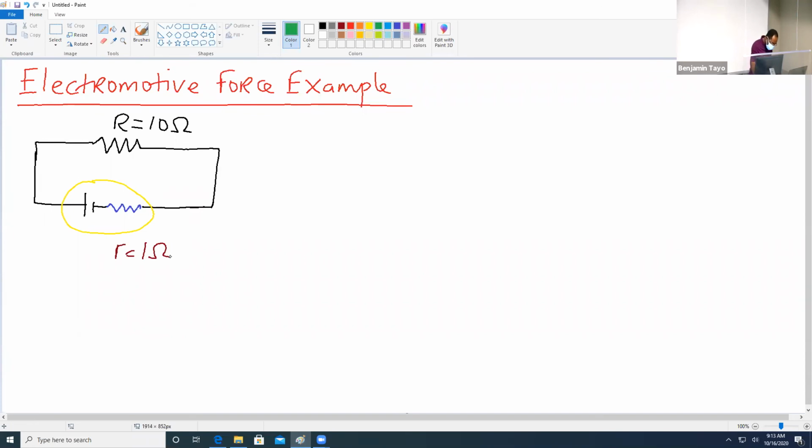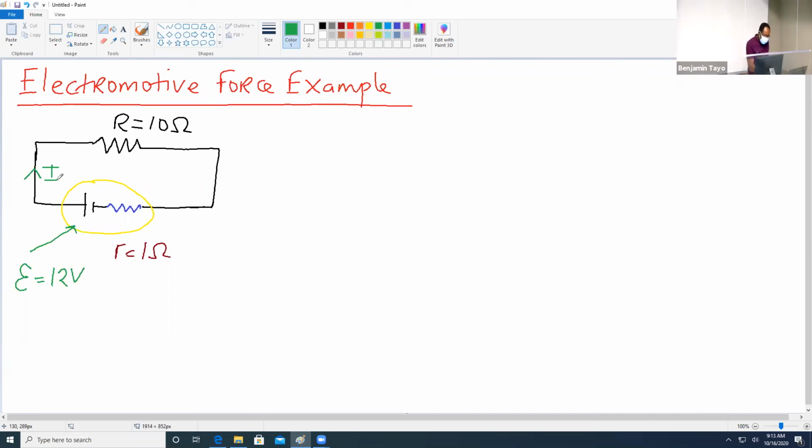And this battery has an EMF, we call this 12 volts. So when this battery is connected to this resistor, let's calculate how much current is going to flow in the circuit.